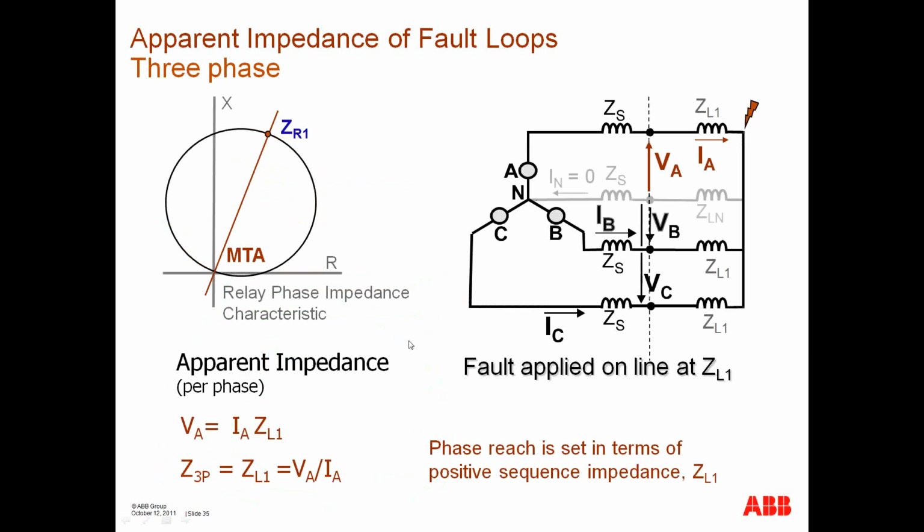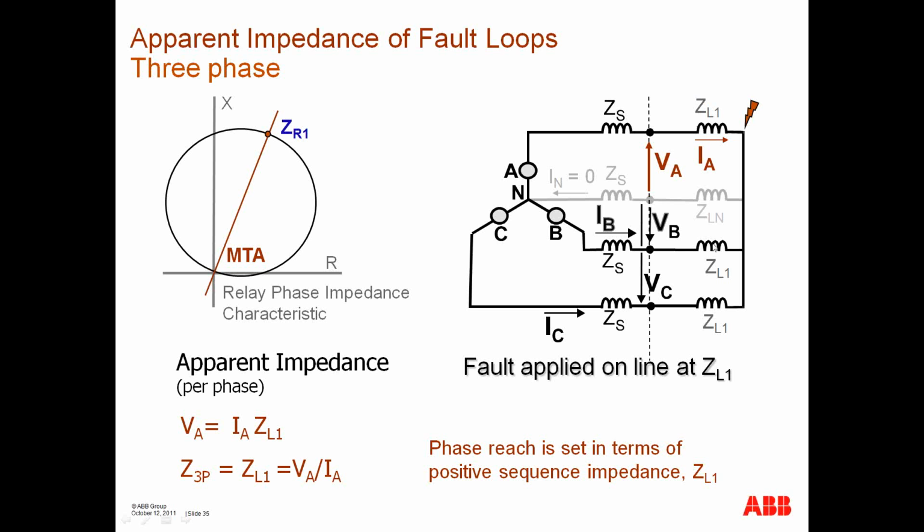Whenever you have a 3-phase fault, what you want to do is look at the apparent impedance. And this is my source impedance. This is where the relay is applied. I have a voltage measured at the relay, and then I have a current that's measured at the relay, and I'm going through some fault impedance here.